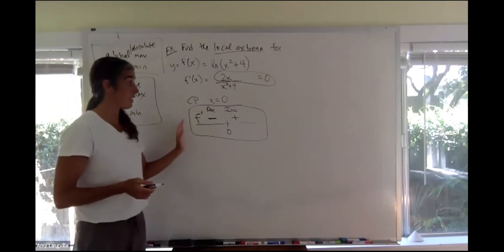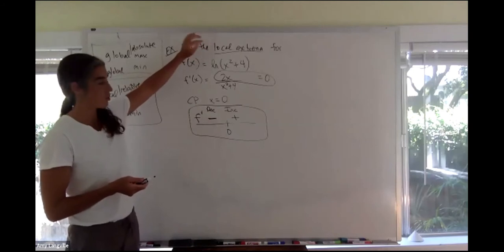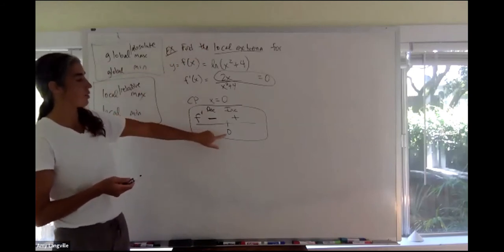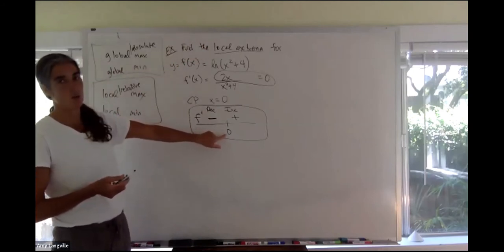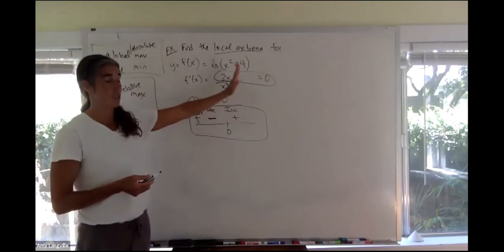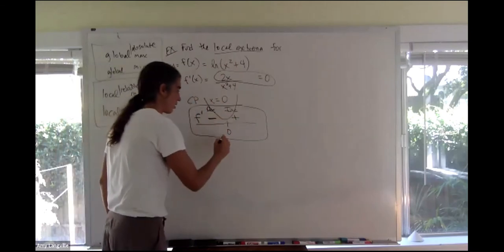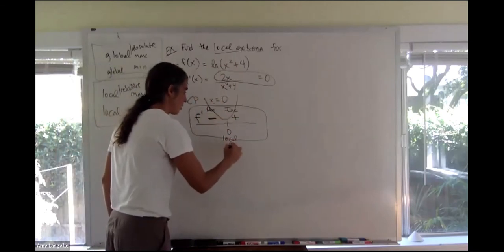Okay, so it didn't ask about intervals of increase and decrease though, it asked about local extrema. So what is our interpretation of this critical point at x equals 0? This must be a min, right? Because it went from decreasing to increasing. This must be a local min.